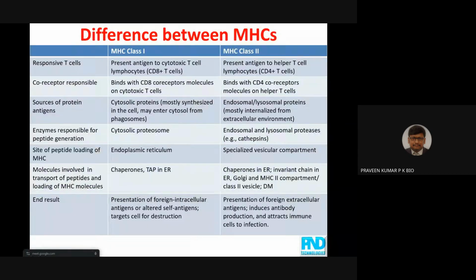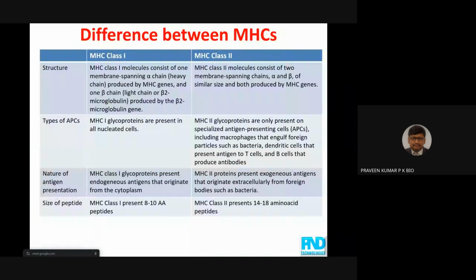Differences between major histocompatibility complex molecules you can see in multiple immunology textbooks. Any textbook has this information, because I told you HLA genes or MHC molecules distinguish from individual to individual. Even siblings have distinct HLA genes.